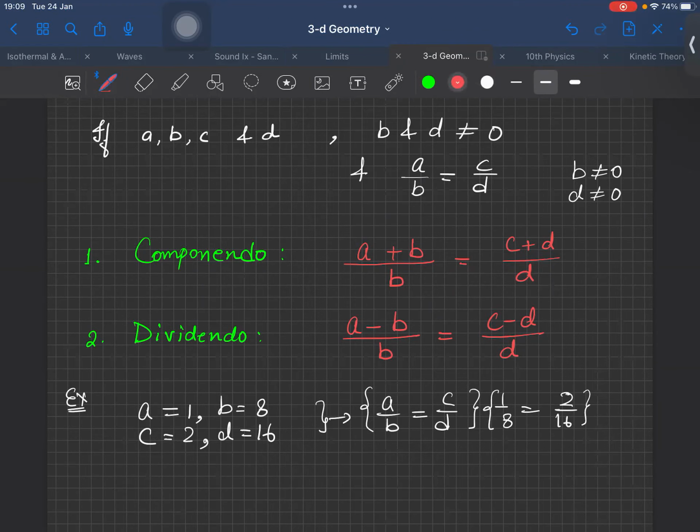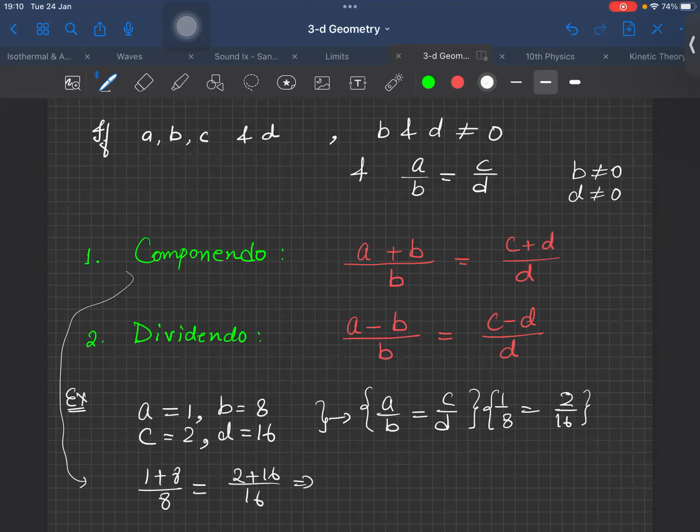So let's try to solve this with 1, 8. Now using componendo, using this first one. If you solve componendo here, what can you write? A plus B, that means 1 plus 8 divided by 8 should be equal to 2 plus 16 divided by 16. Now, is it true?